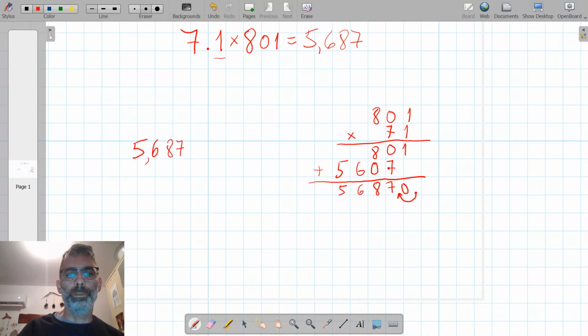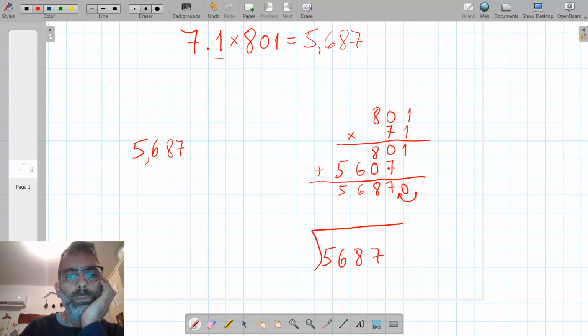Let's divide 5,687 by 7.1. Okay, so I add a 0 here and I divide by 71. Since I shifted the decimal point in the divisor, I also shift the decimal point in the dividend, so I add 0.